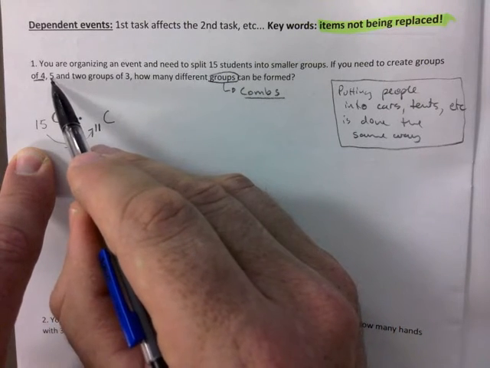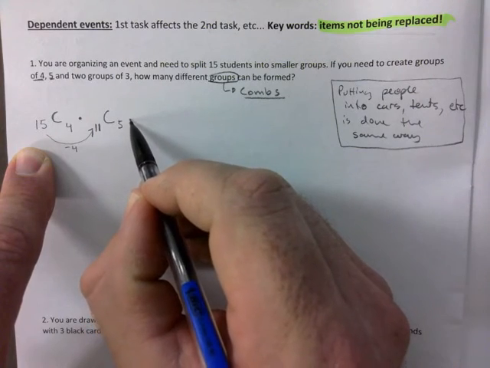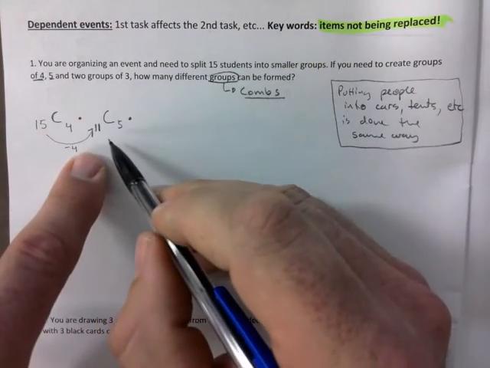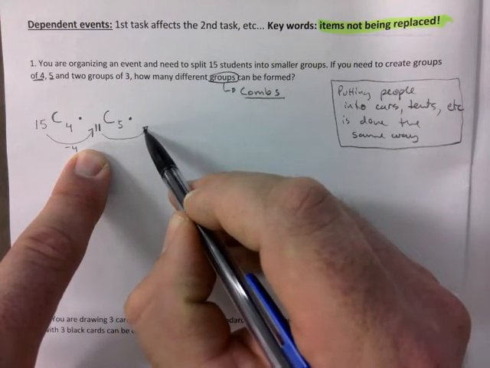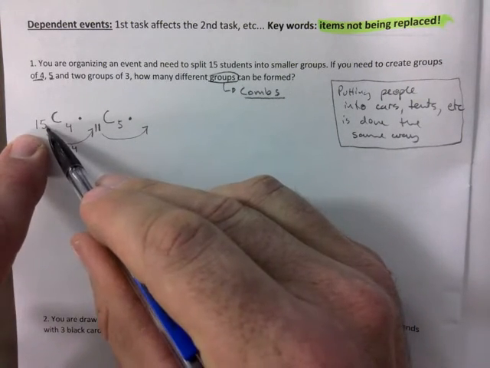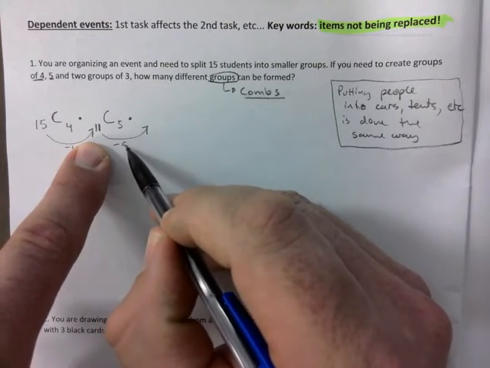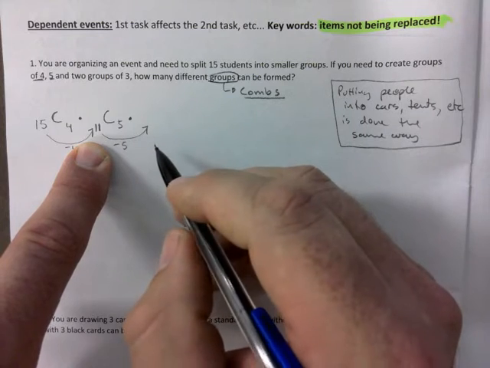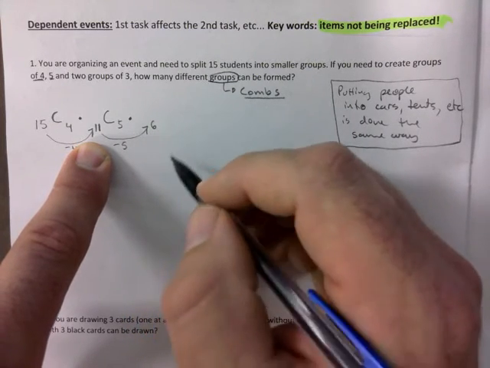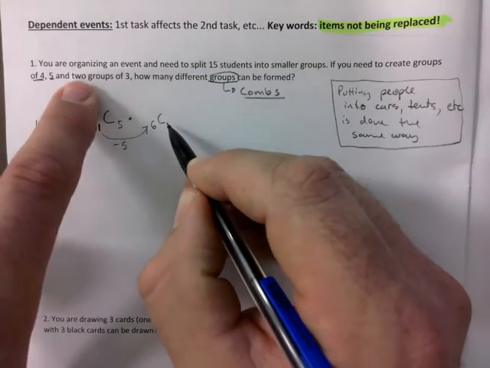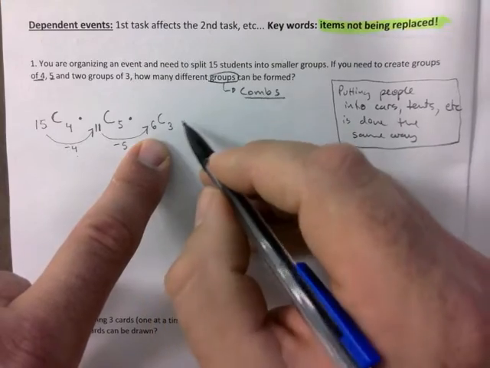What's my next group? 5. I'm going to choose 5. And how many are left now for my third group? I went from 15, I took 4, I went to 11. I take another 5 out of my total, so we are at 6. 6 choose, I need to make two groups of 3, right? So 6 choose 3.